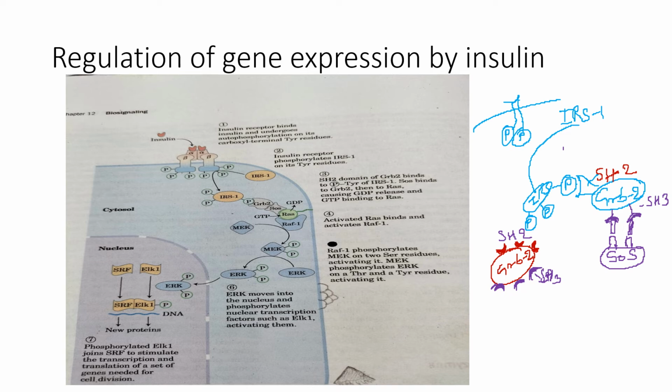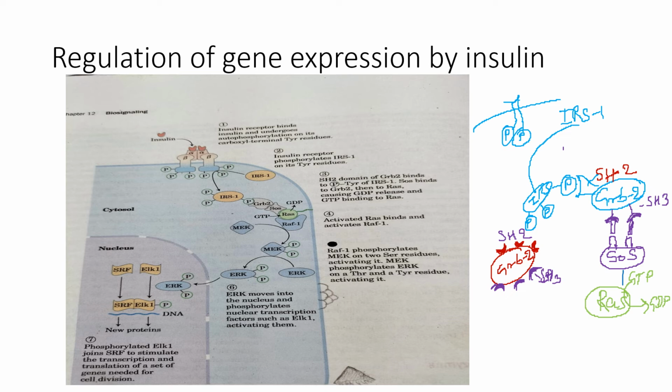And once this SOS protein is activated, it will activate another kind of protein. The protein name is RAS protein, and it is a G protein. When it is active, the G protein takes GTP and gets activated, then converts it to GDP.